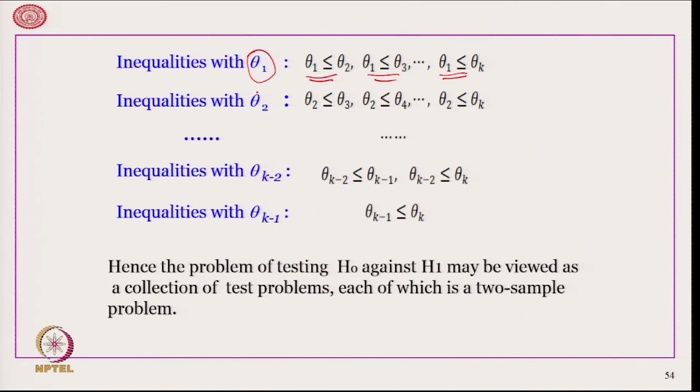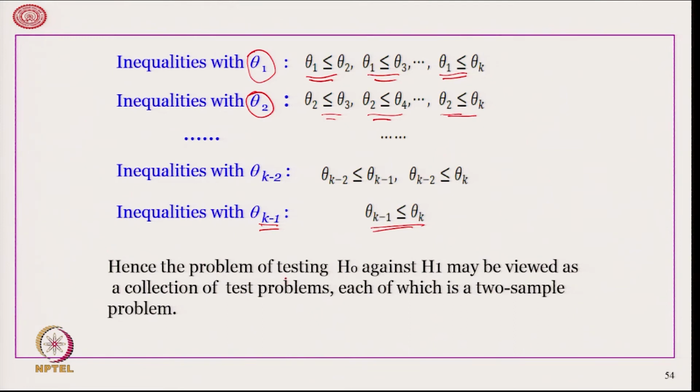With respect to theta 2, we check if theta 2 is less than or equal to theta 3, theta 4, up to theta k. Finally, corresponding to theta k minus 1, we are just checking theta k minus 1 less than or equal to theta k. That is what I was saying: each time we are considering only two populations and trying to compare their location parameters.